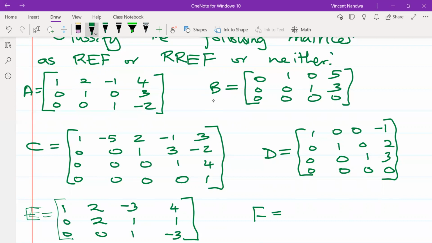I have F: 1, 2, minus 1, 2; 0, 0, 0, 0; 0, 1, 2, minus 4.